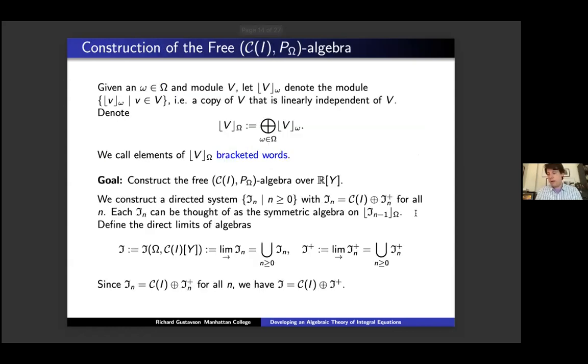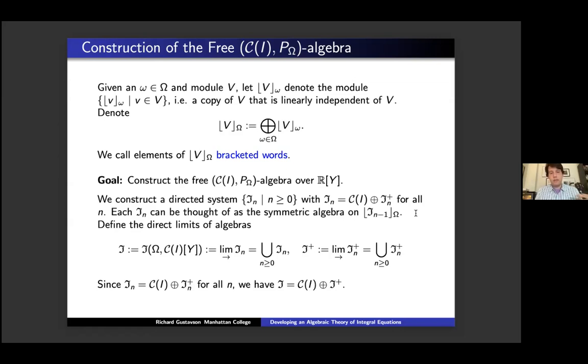I'm going to give you a very basic, generalized construction of what this algebra is. I'm leaving out a lot of details, and if you want to see more, we can talk about that after the breakout session. So we have this fixed indexing set omega. If you have a module V, we can define what we call the omega bracket V. This is basically just a copy of V that's linearly independent.